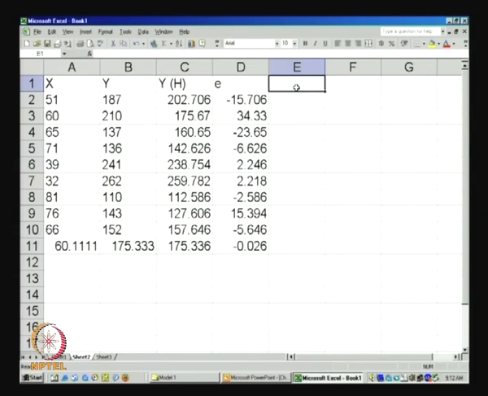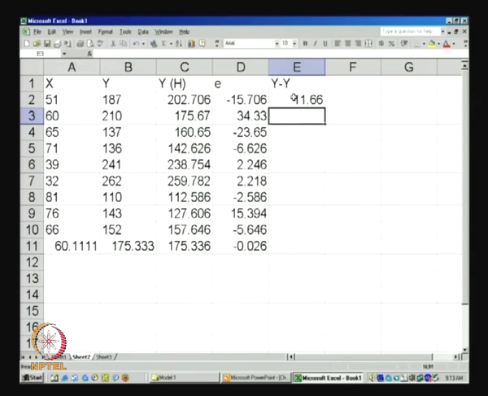We want to know summation y square, that is, y minus y bar, which we have to square. So this is y minus y bar, this minus 175.34. So this is what we have received.